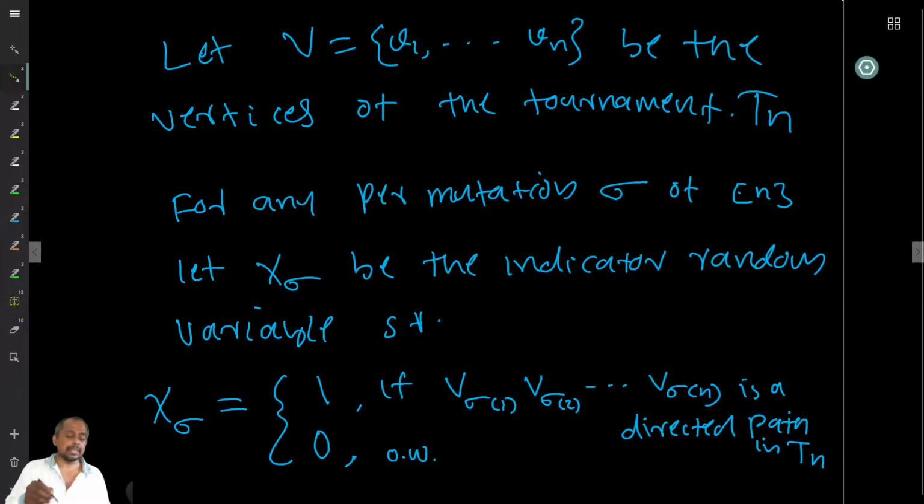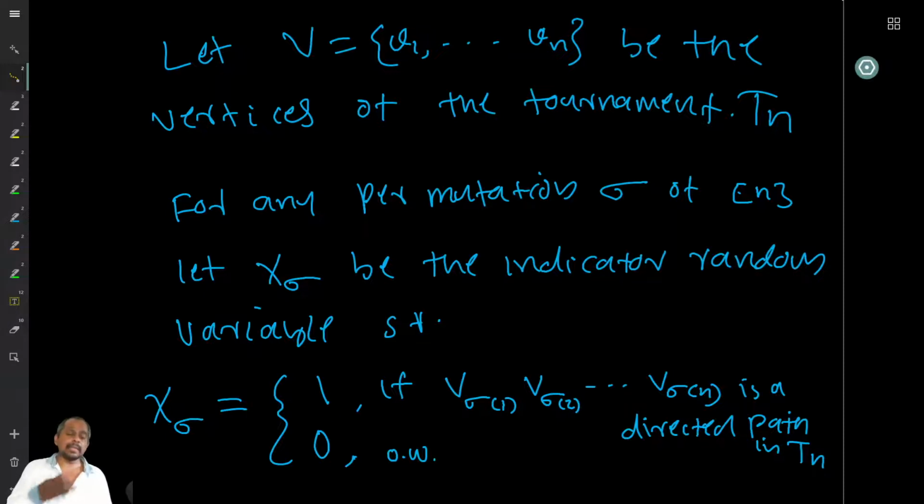Of course, there is an edge, but it could be this way or that way. If all the edges are in the correct direction, then X sigma takes the value 1. So in the random tournament, this particular path corresponds to a directed path. Otherwise, it is 0, because it's an indicator random variable, so it's either 0 or 1.